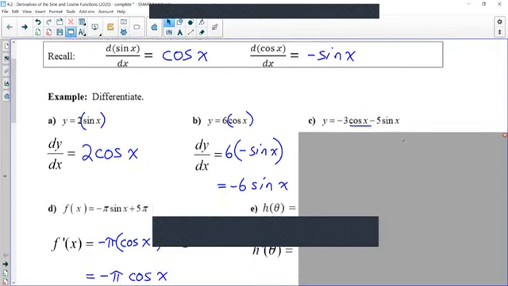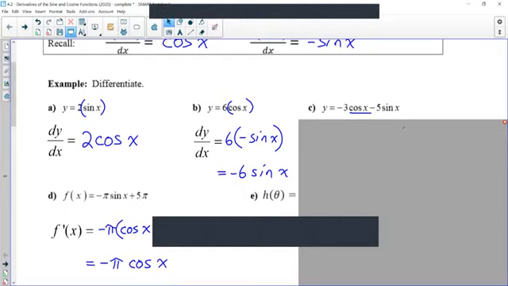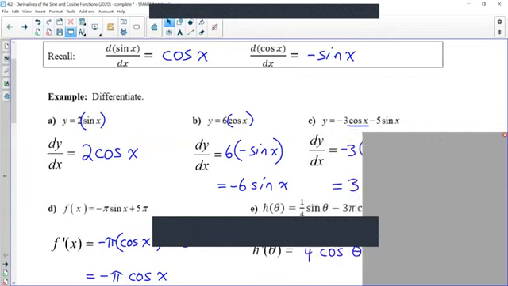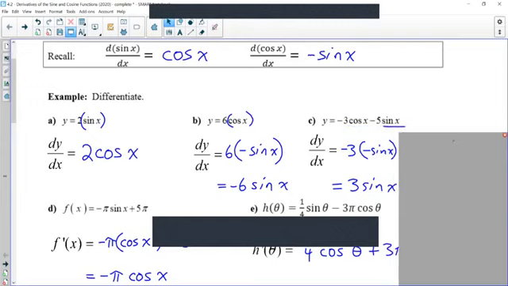And then again, moving right along, you've got two different functions to worry about. So you have cos x and sine x here and here. Right? So the derivative of cos x is negative sine x. So this would give you negative 3 times negative sine x. And then the remaining part, negative 5 times the derivative of sine x.